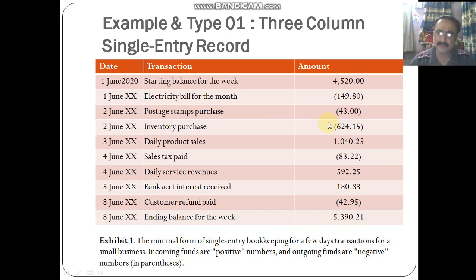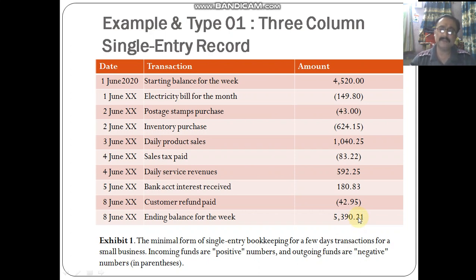In parentheses or brackets I have shown the minus figures, and the plus figure is our revenue that is added to our balance. When you subtract these bracket amounts from 4,520 rupees and add the plus figures 1040.25, 592.25 and 180, then at the end you will have 5390 rupees 0.21.